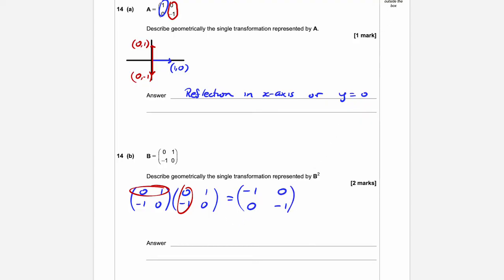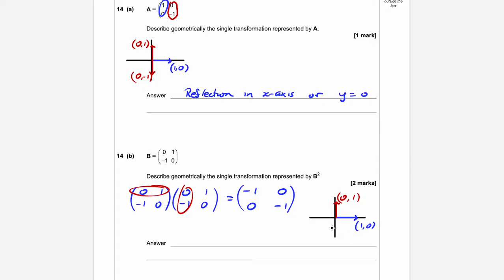Now again, let's go to this grid or graph here. My 1, 0 is here, and my 0, 1 is here.